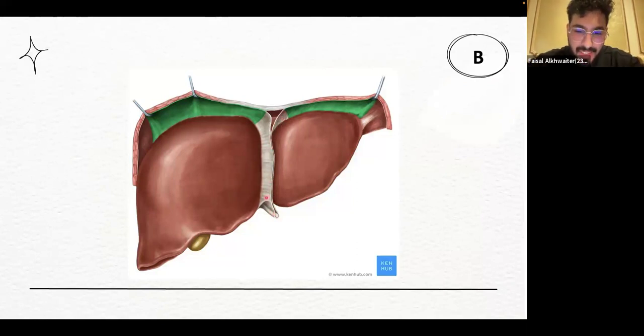So this is the falciform ligament. See? If it's on the right side, subphrenic, the falciform ligament is the thing that stops it from going to the midline and the left side. It's not the coronary. Coronary just attaches the liver to the superior border, which is the diaphragm.